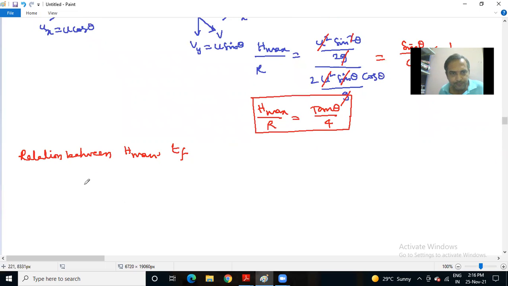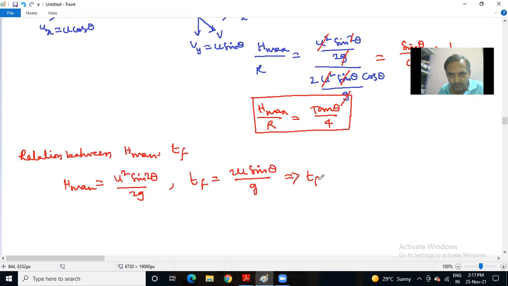Okay, so h max is equal to u square sine square theta by 2g, whereas the time of flight is equal to 2u sine theta by g. Now to cancel u square, you take the time of flight square, which is equal to 4u square sine square theta by g square. Call this equation 2, call this equation 1.